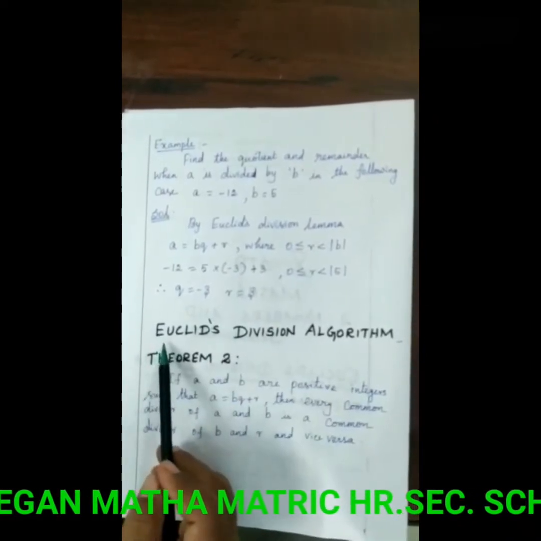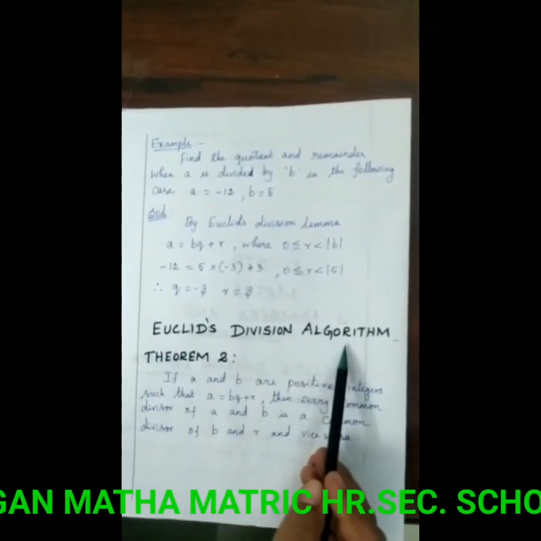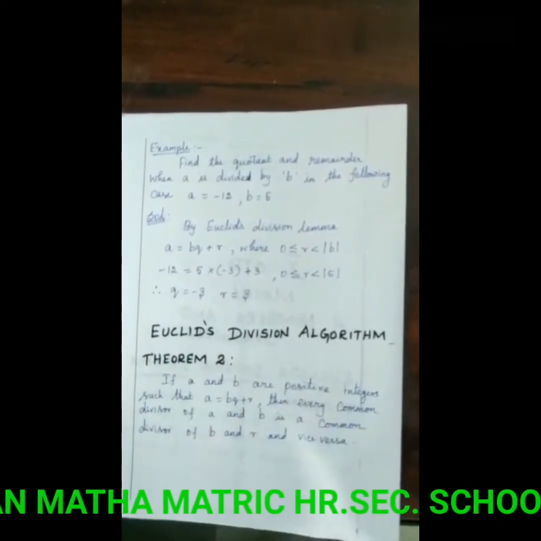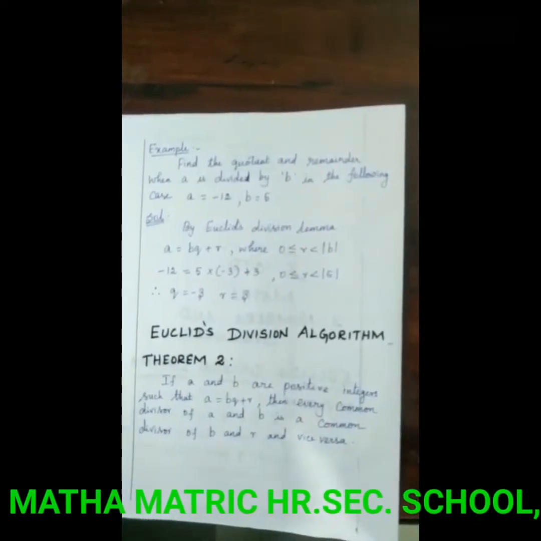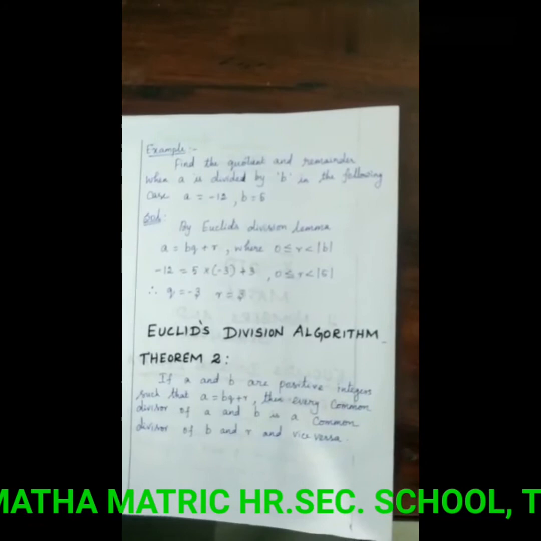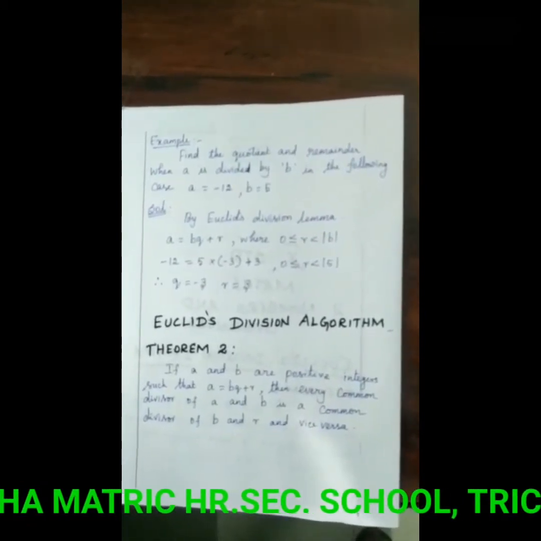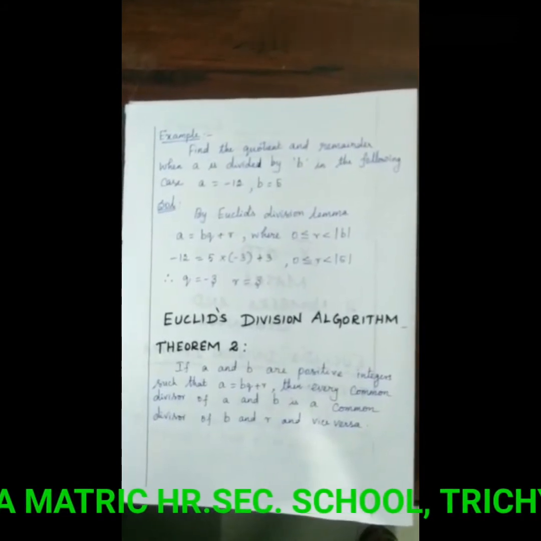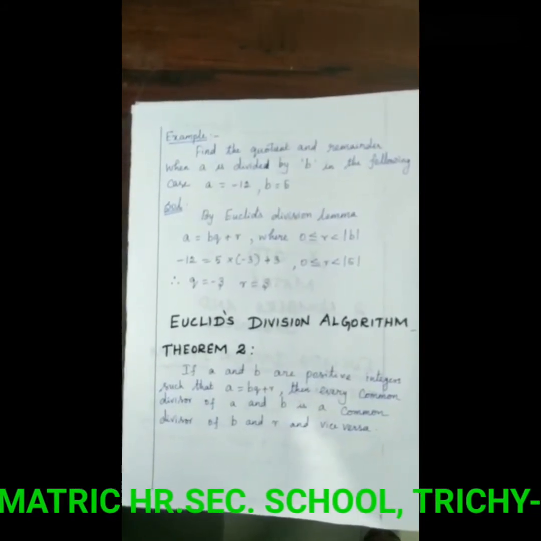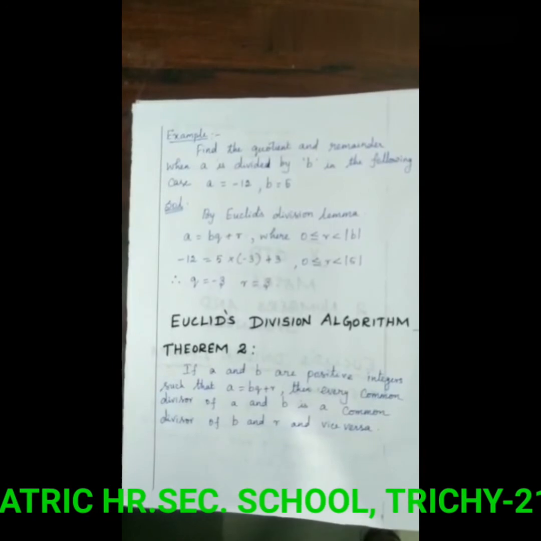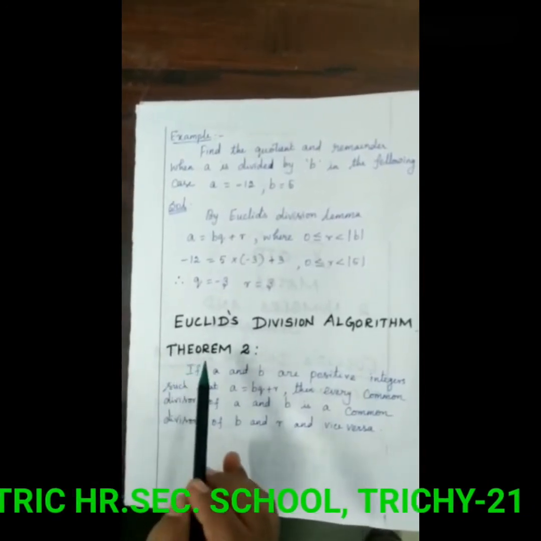Next we will see Euclid's division algorithm. Euclid's division algorithm provides an easier way to compute the highest common factor of two given positive integers. Let us now prove the following theorem.